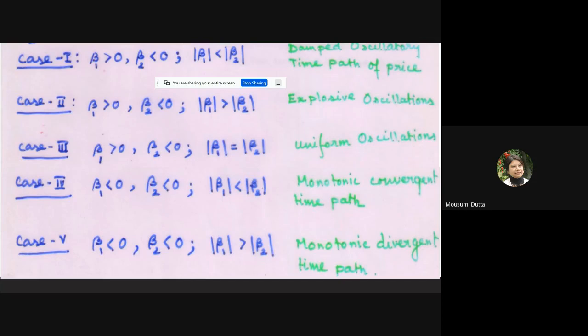Are you getting my point? Yes, ma'am. Okay, so it will move to minus value and it will move to plus value, minus value, plus value. However, this value will remain unchanged. So you will have uniform oscillations. Yes, ma'am. Thank you.